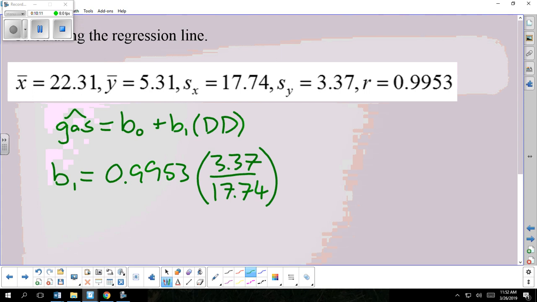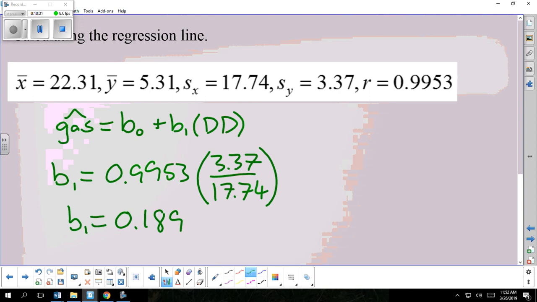So we're calculating the least squares regression line using summary statistics. And I get the slope as 0.18.